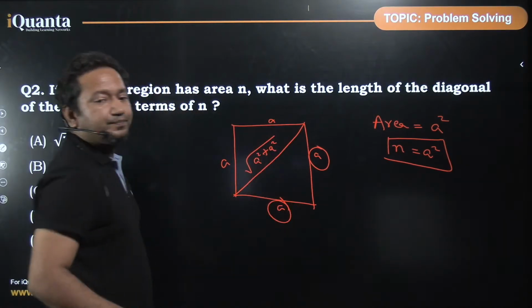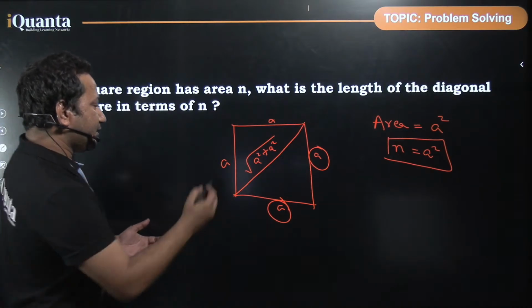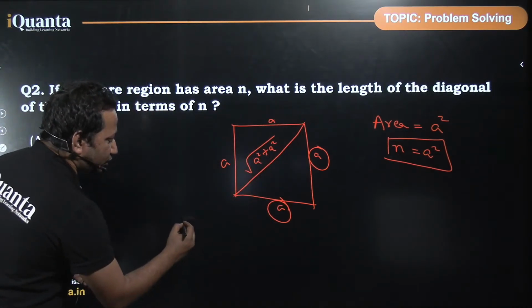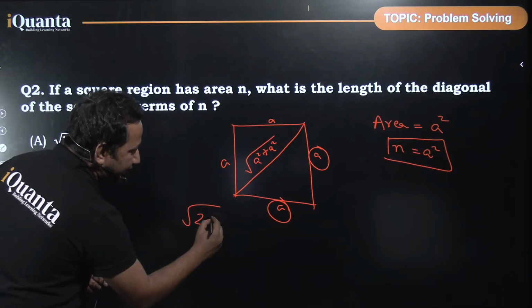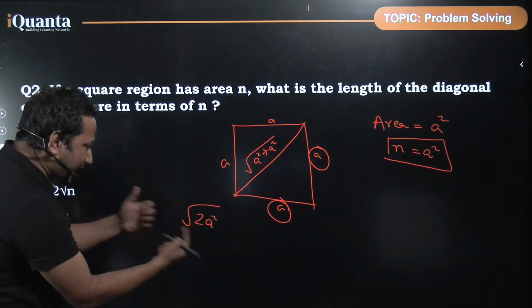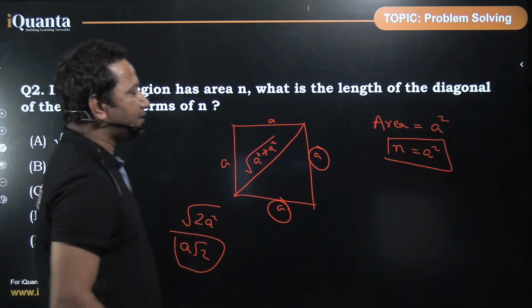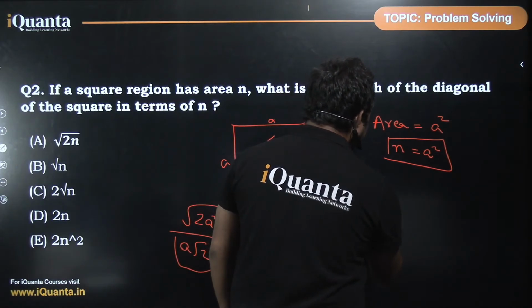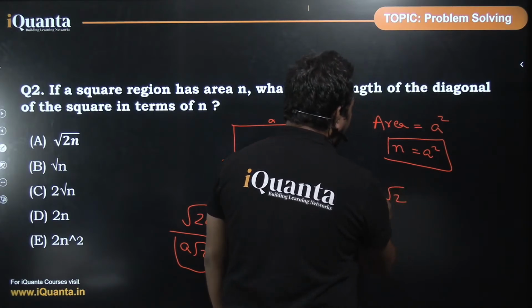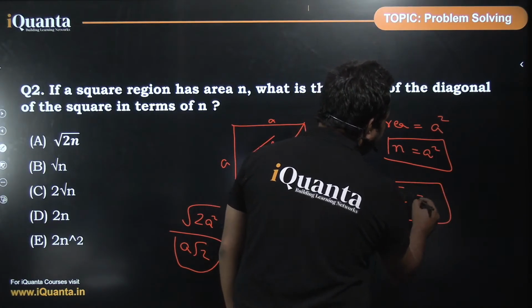Square root of a squared plus a squared, or we can say square root of 2a squared. If I take a out, I'll get a root 2. So this a root 2 is the length of the diagonal. And this is what we have to find out in terms of n.